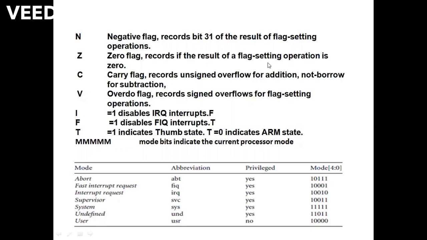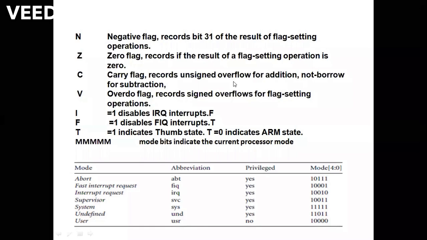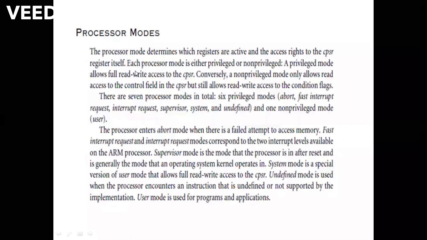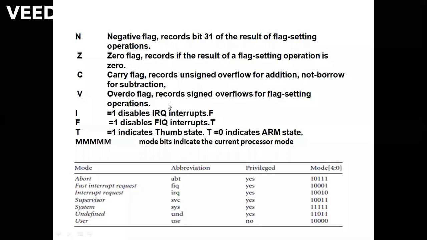How many modes are there in the ARM processor? Seven. See, I am not able to hear your voice properly, please raise your voice. Okay, name the modes, please. You can take help of the screen. What are the 7 modes?